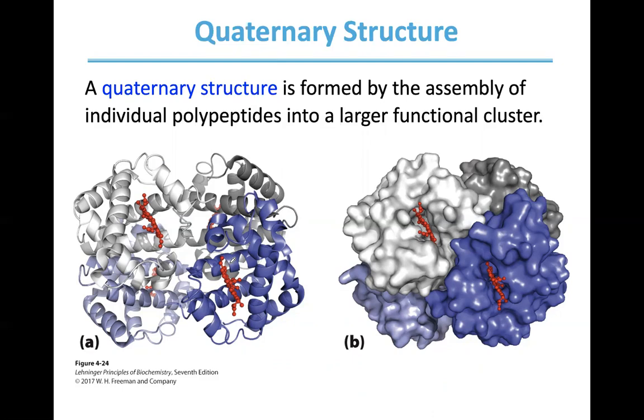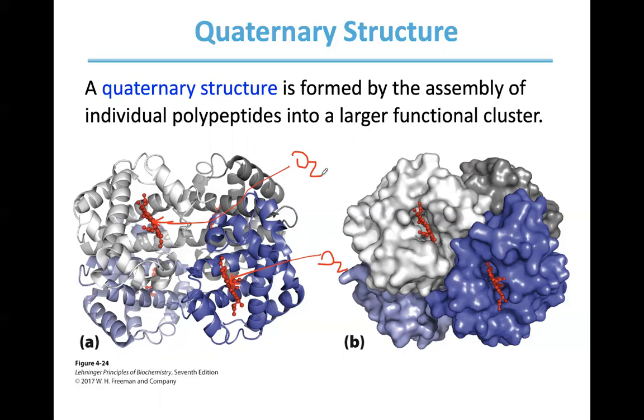It's an oxygen carrier in the cells. Remember, oxygen is not very well water soluble. And so oxygen will bind to these heme prosthetic groups right there, and hemoglobin will carry them throughout the general circulation into the tissue.